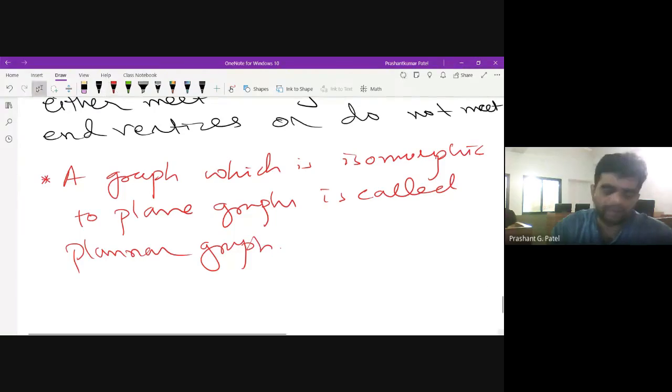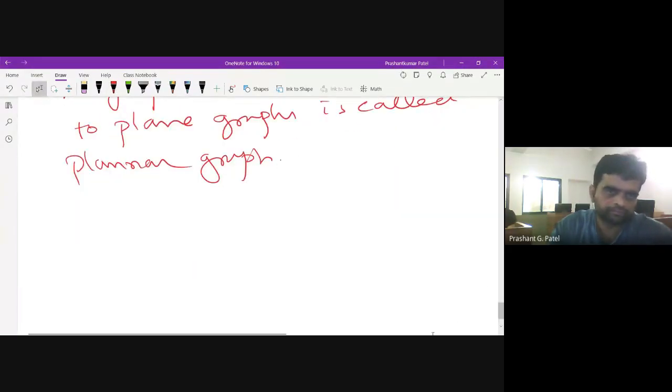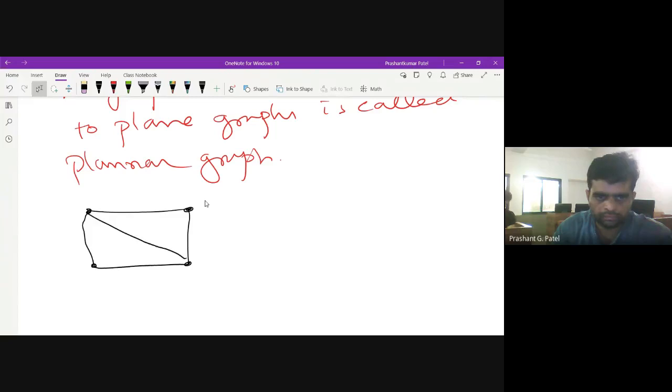For example, I'll give you an example. If I consider this graph, this is graph G1. Can we plot this graph G1? So what will happen here?